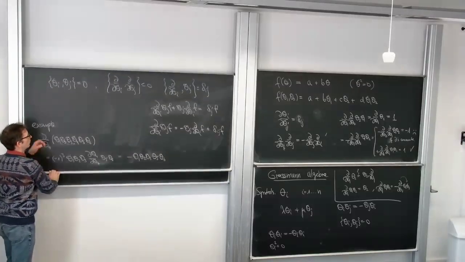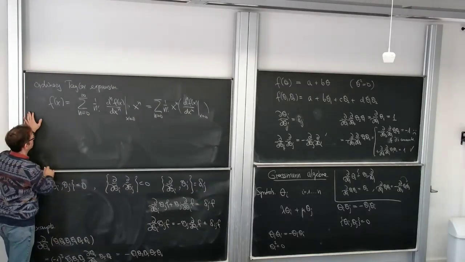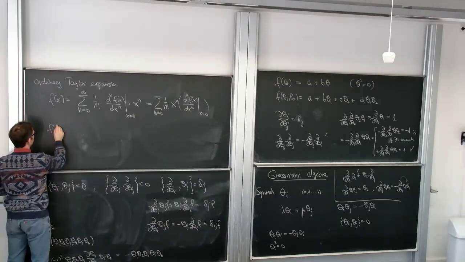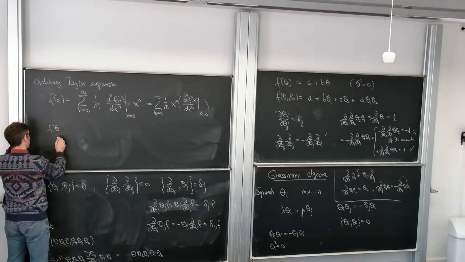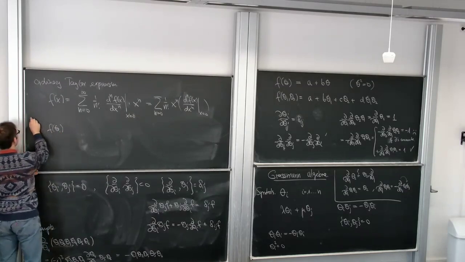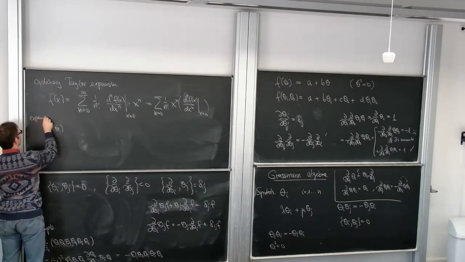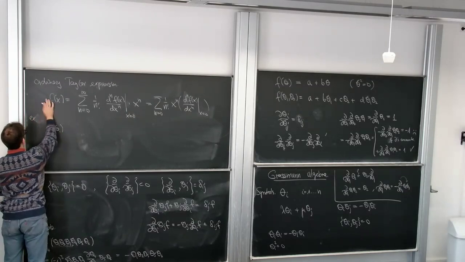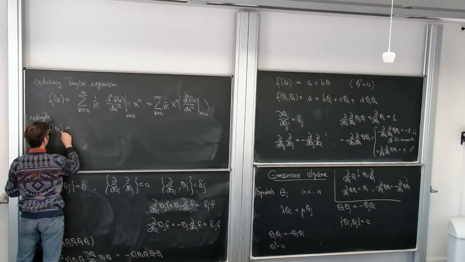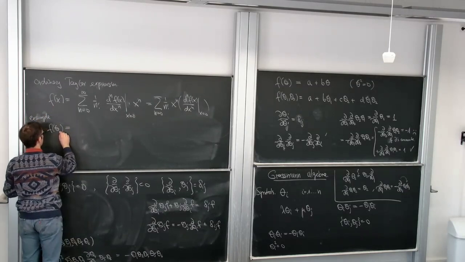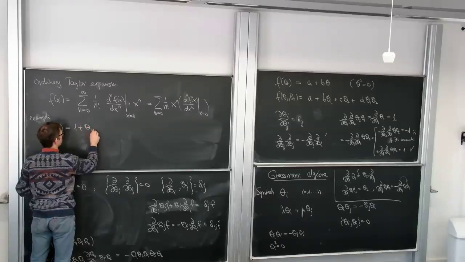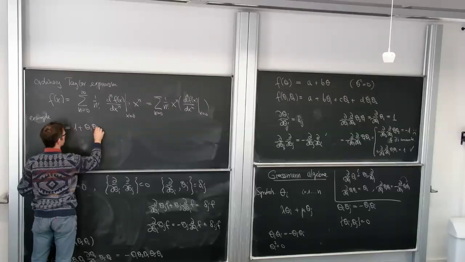How about our funny Grassmann objects? If we have a function f of theta, and I just want to make it more complicated, I need to have anti-commuting stuff around. So let's say, for example, f equals 1 plus theta 1 theta 2.